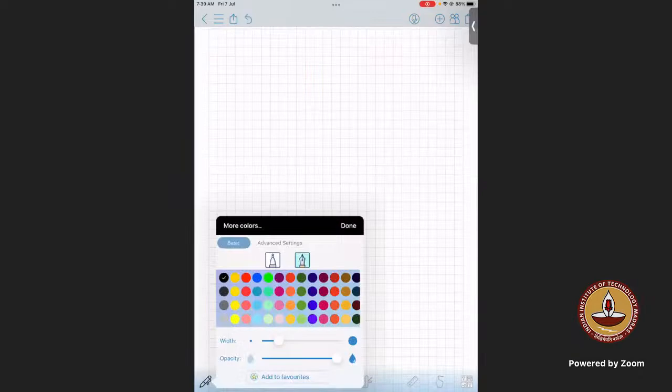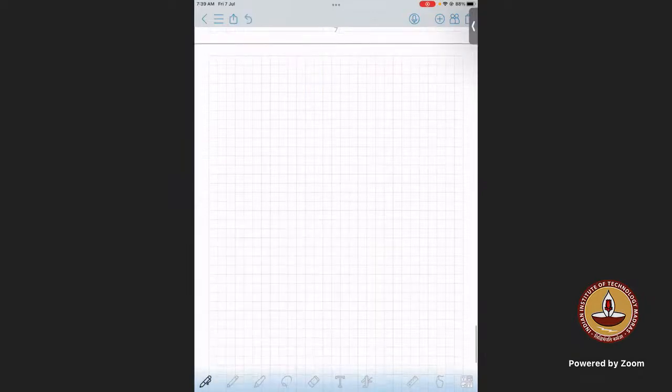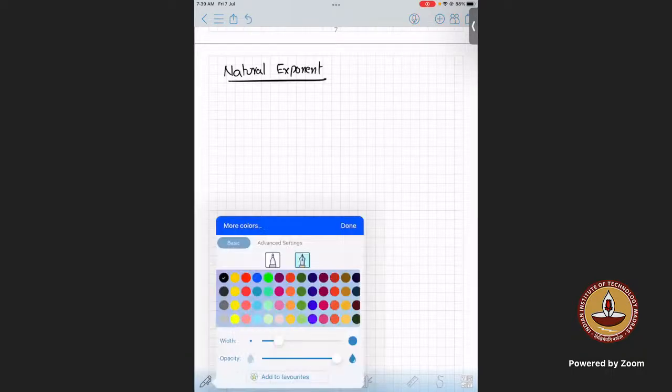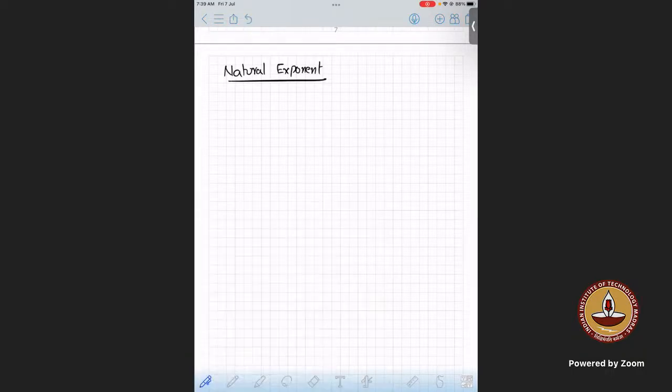Then moving to the next topic, the natural exponent, which is e power x. Actually e is greater than 1. Remember this.